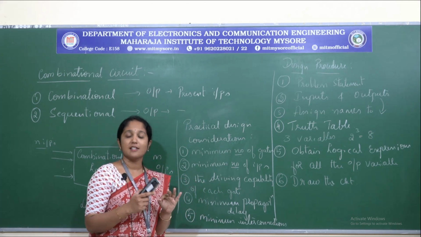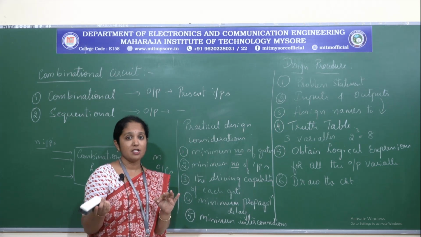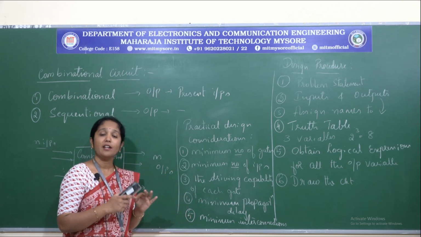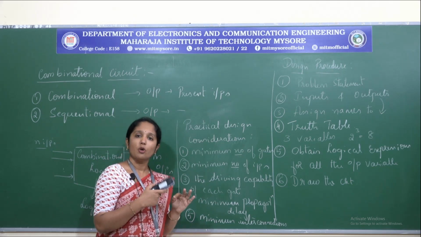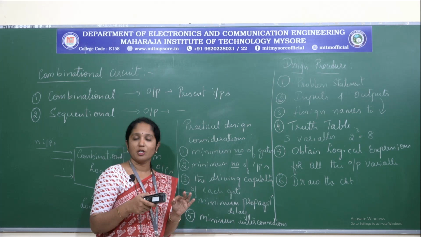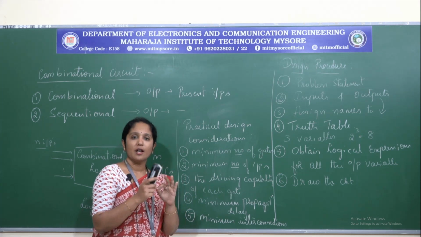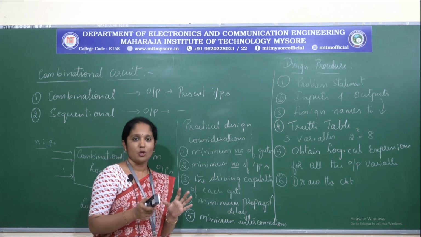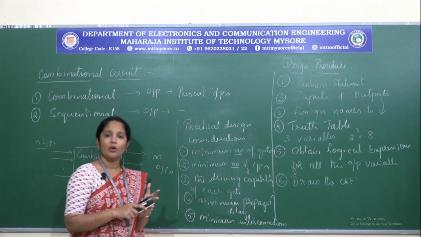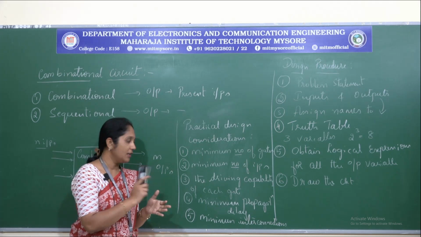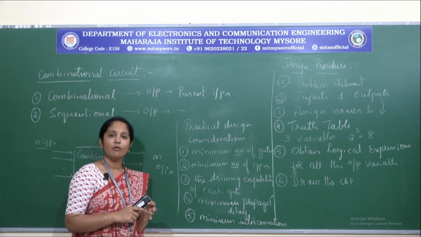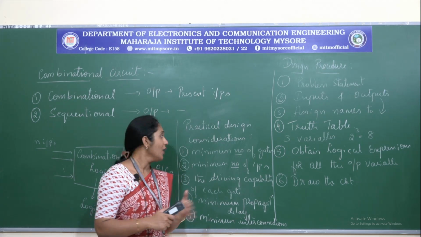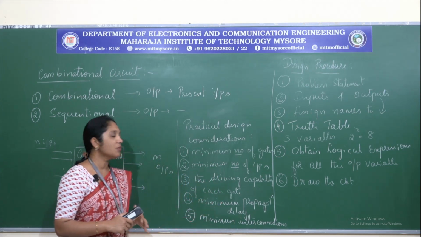Wherever we have common connections, for example when we design sequential circuits, we come across this kind of problem, where we may have to apply a clock to many different parts of the circuit. Then we need to see that those are placed very close to each other so that the interconnections are reduced, because interconnections are one of the main causes of delays in the circuit. Therefore, in order to optimize any combinational circuit, these are the design considerations we need to make.